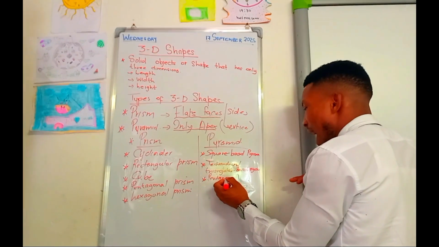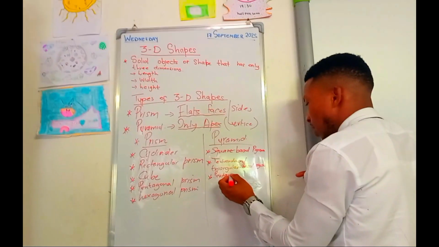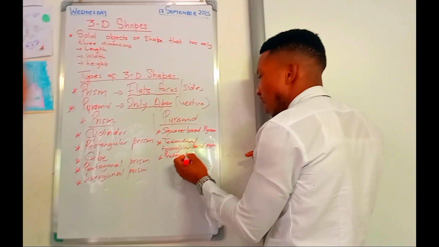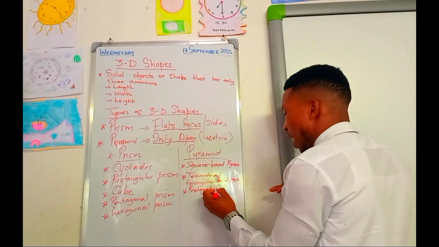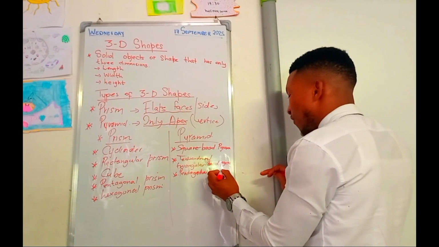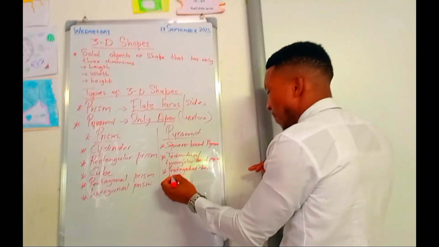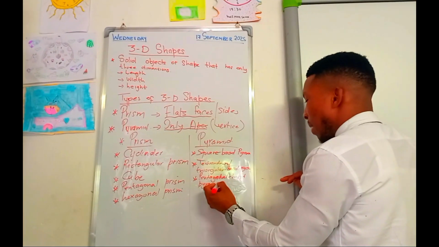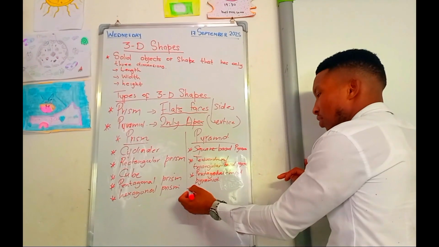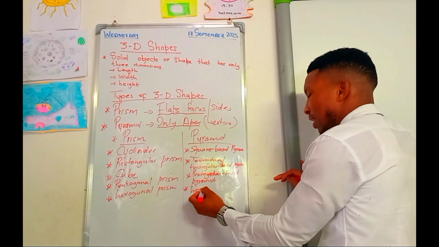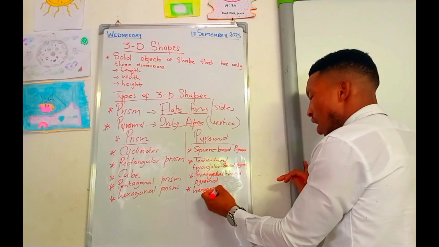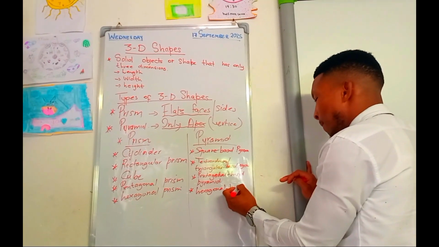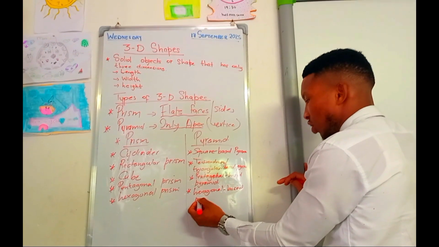We always end with base pyramid. Therefore, as you see, we have a hexagonal base pyramid.